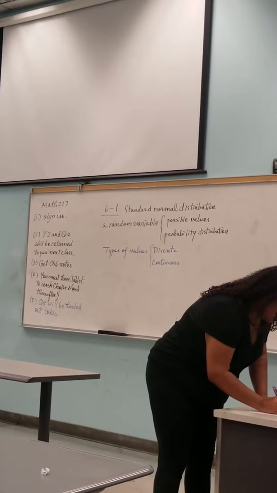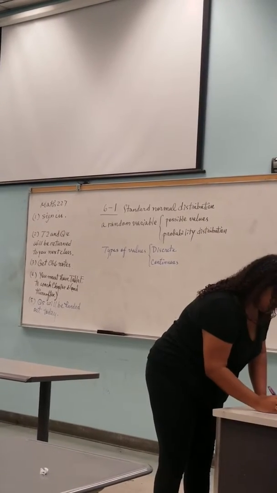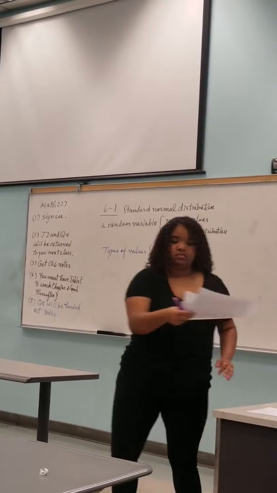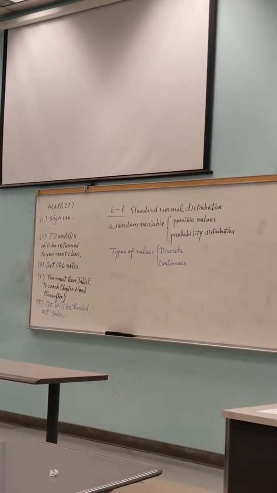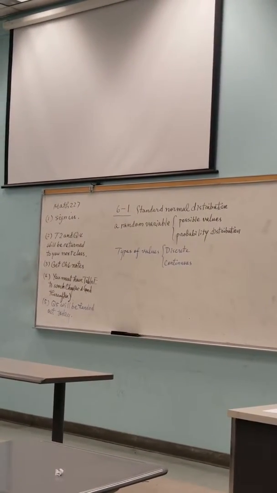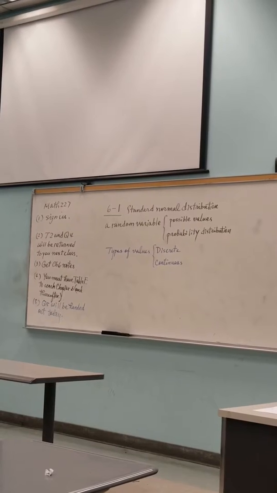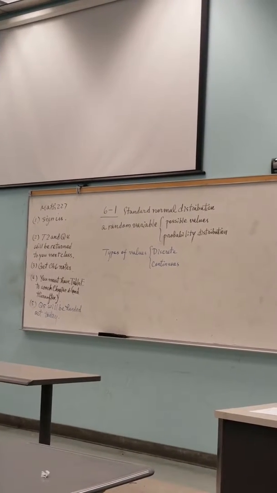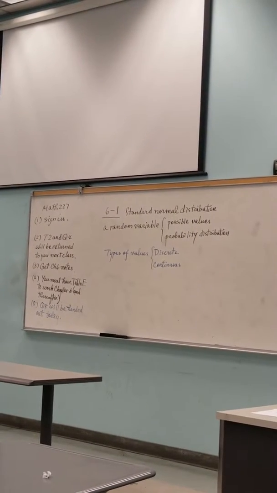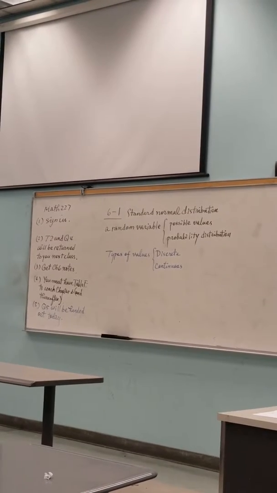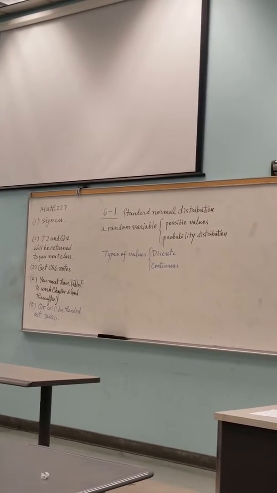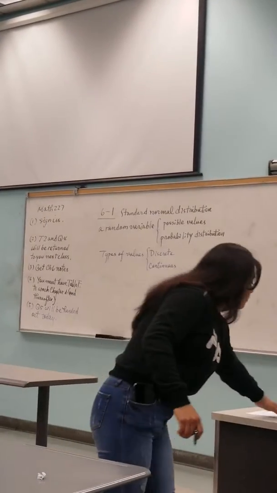The possible values may be 0, 1, 2, 3, 4, but it cannot be 2.3, 2.4, 2.5, impossible. So 2 is a possible value, 3 is a possible value, but any number between 2 and 3 is not a possible value.